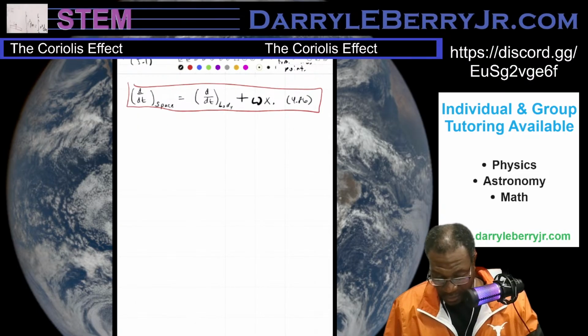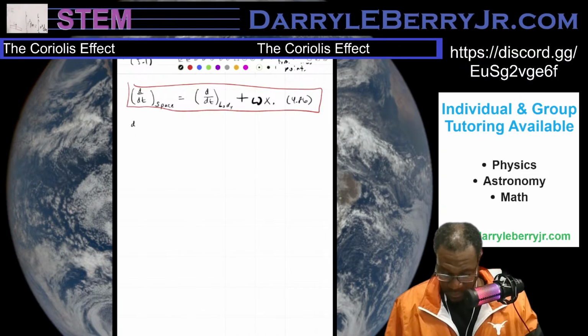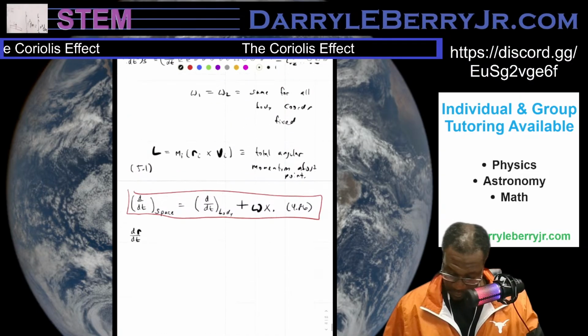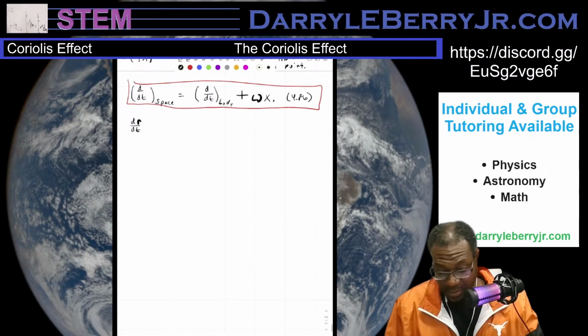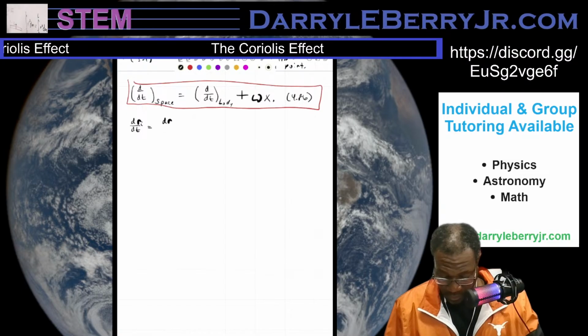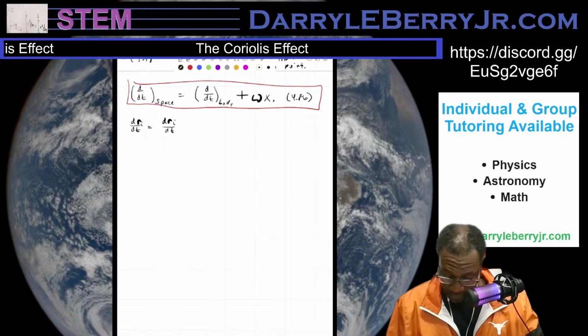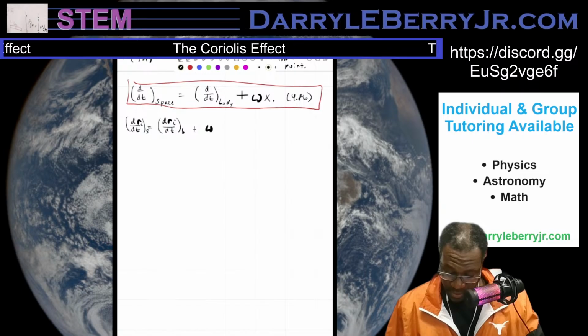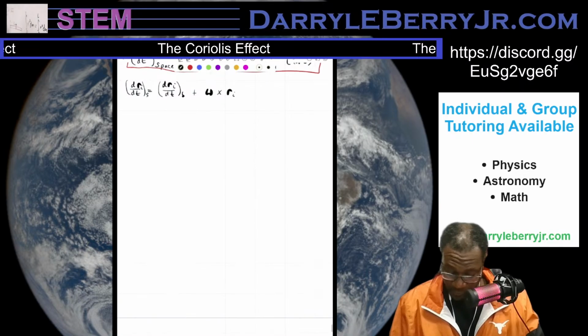So we have dr over dt. I will say dri over dt equals dri over dt in the space system equals dri over dt in the body system plus omega cross ri.